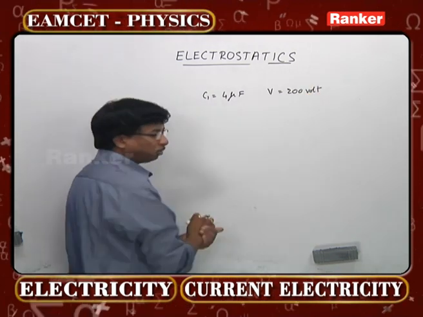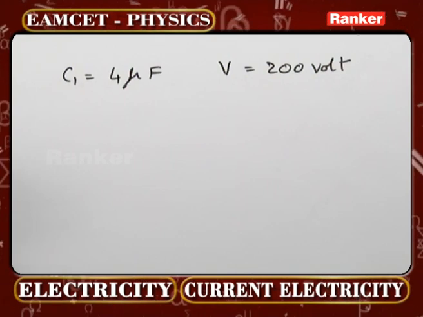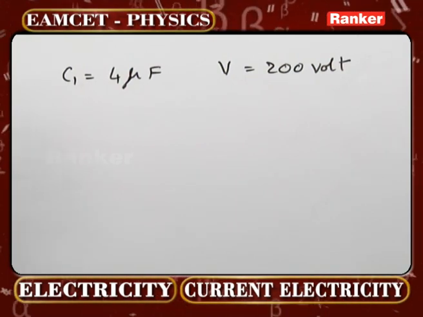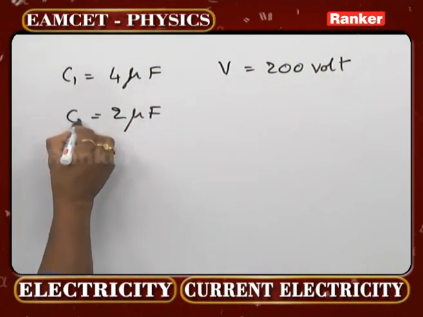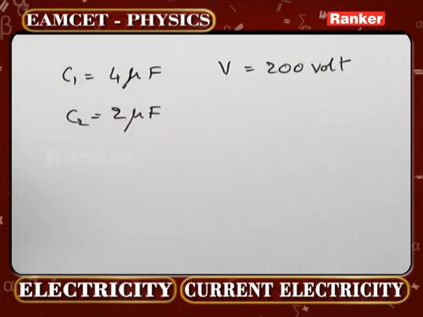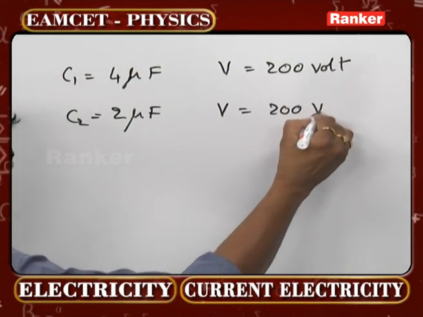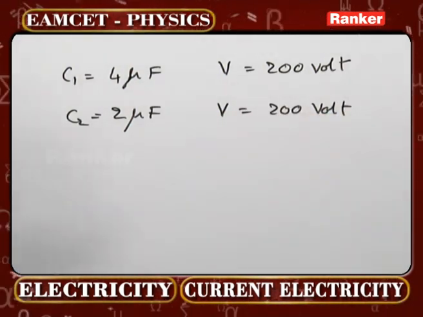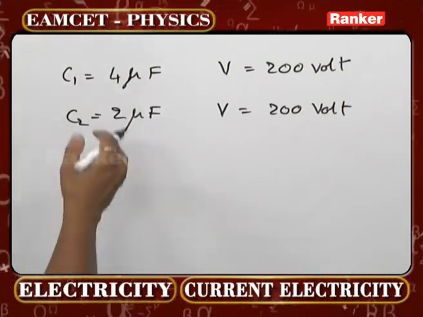That is what has been provided to us. It is then disconnected from the supply and is connected to another uncharged 2 microfarad capacitor. That means C2 this time is going to be 2 microfarad. Once again, V will be same 200 volt only. He is not changing that value anymore. What is going to be the loss of energy is the concept.